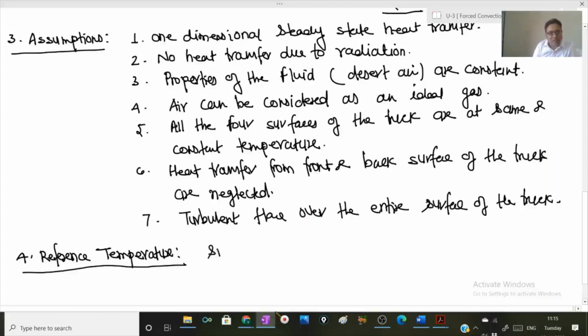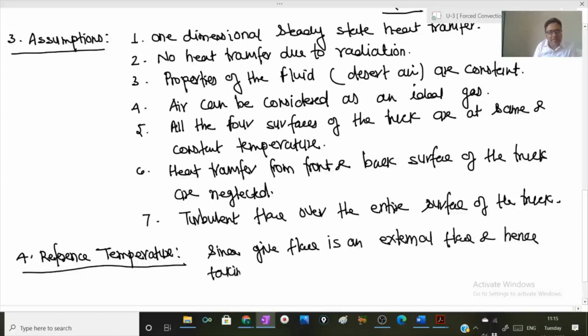So the given flow is external flow. And hence taking mean film temperature as reference temperature.